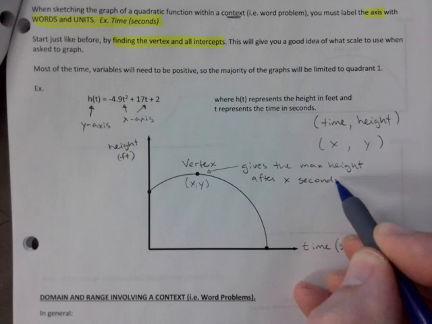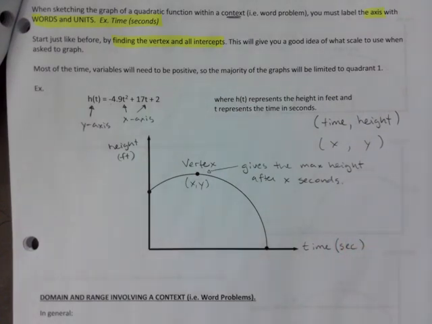And trust me, they're going to ask for that quite often. Like, what's the highest height, or what's the maximum height this athlete was able to jump, or this projectile was thrown at, or whatever. It's the maximum height. You know it's the vertex.